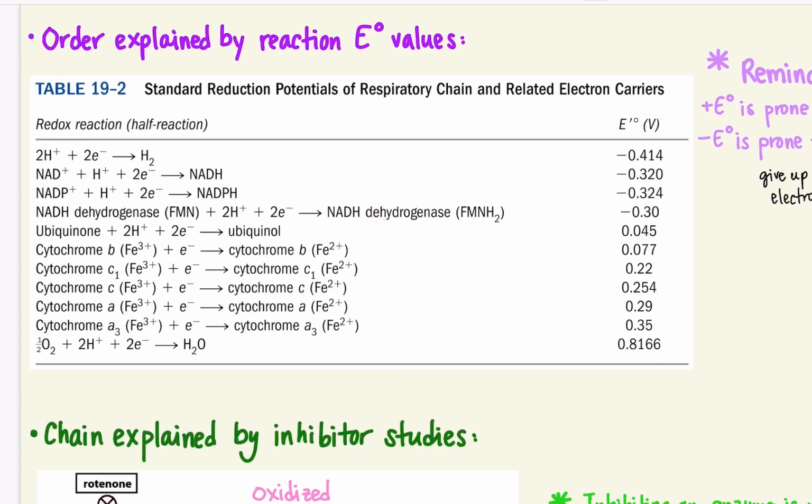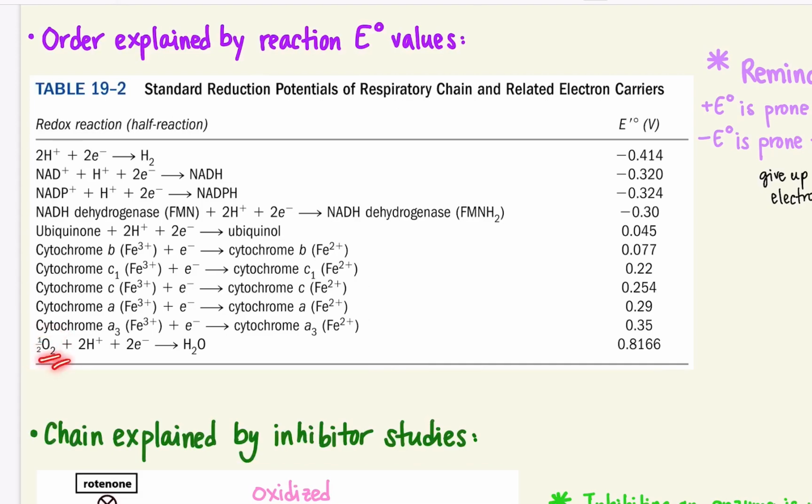And it turns out that if you put them in increasing values, so becoming more positive, then you get this exact order that the ETC is in. And what does this tell us? This tells us that the most positive E naught value is the last reaction. This means that oxygen really wants to get reduced, right?